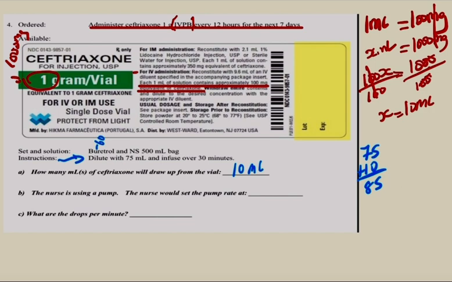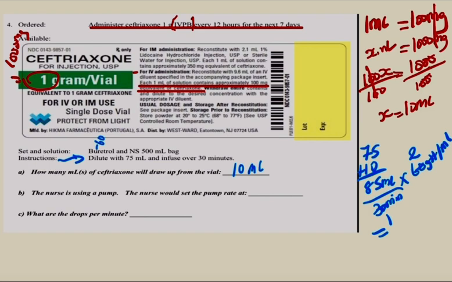I said, okay, it says dilute with 75 ml and infuse over 30 minutes. We already know that we have 10 ml of the medication. We need to dilute it with 75 ml of normal saline from that 500 milliliter bag. So we add that 10 milliliters to that 75, which gives us 85. We use the Buretrol, which is equal to 60 gtt per ml.